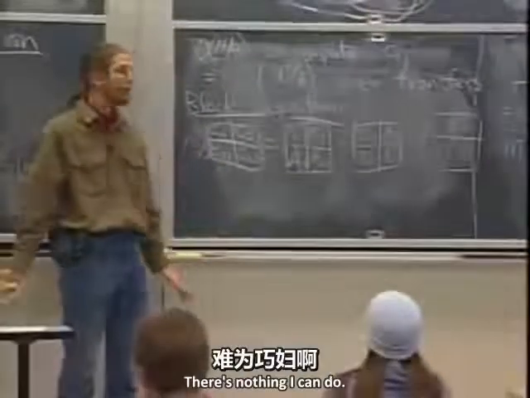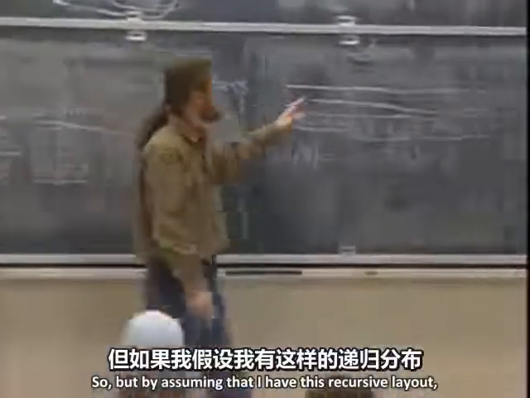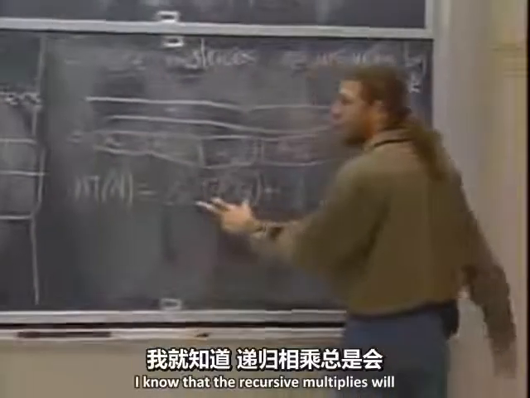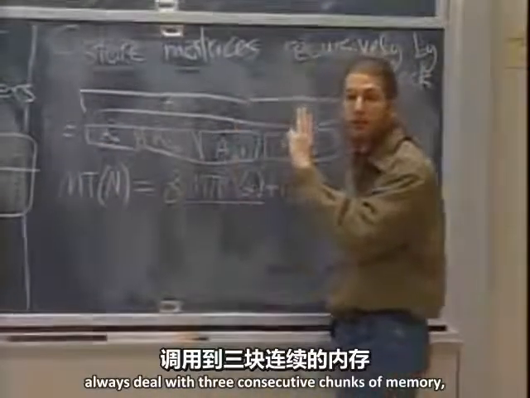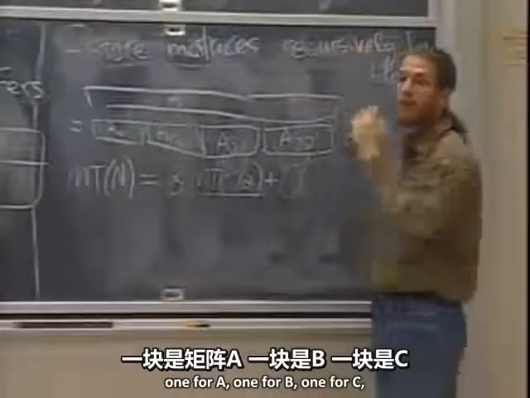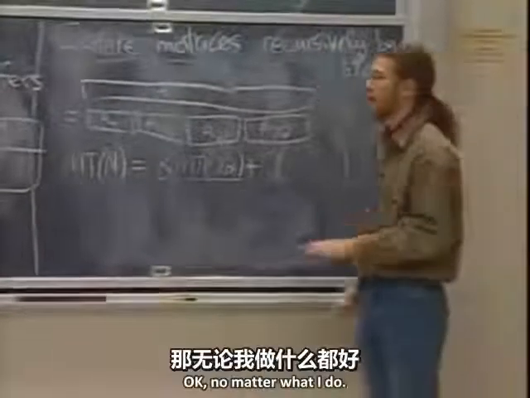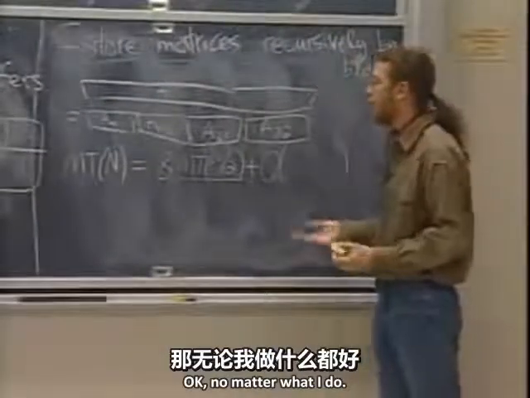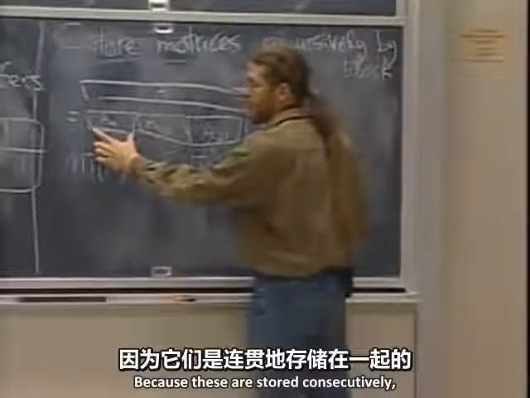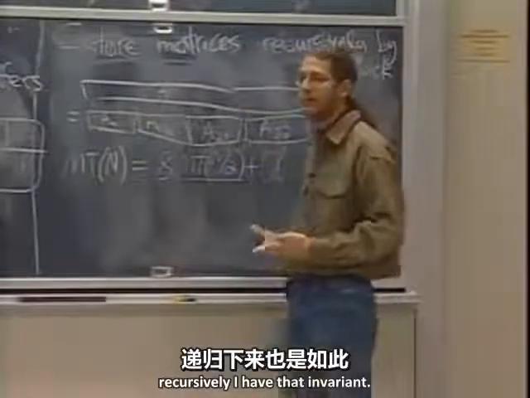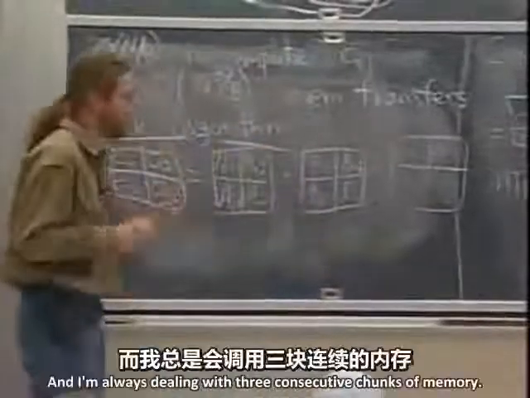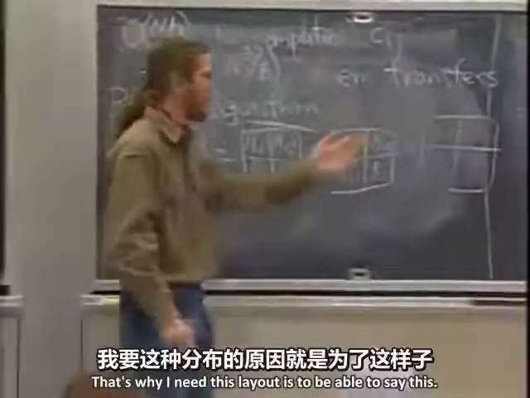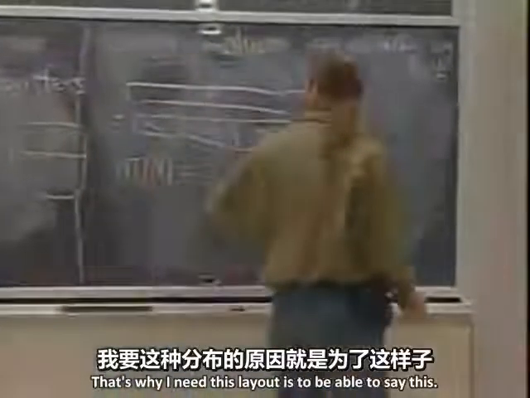There's nothing I could do. But by assuming that I have this recursive layout, I know that the recursive multiplies will always deal with 3 consecutive chunks of memory. 1 for A, 1 for B, 1 for C. No matter what I do, because these are stored consecutively, recursively, I have that invariant. I can keep recursing, and I'm always dealing with 3 consecutive chunks of memory. That's why I need this layout, to be able to say this.